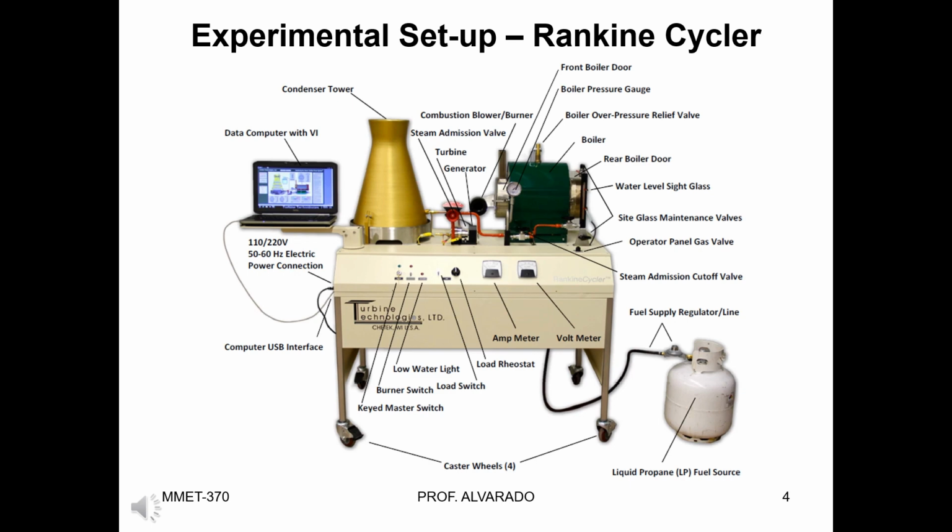For the monitoring devices, we have the ammeter and voltmeter, and the load rheostat that helps us regulate the load when we switch up the load while the turbine is running. There's a key master switch, and we also have the NI data monitoring software that helps us collect data when the experiment is running.